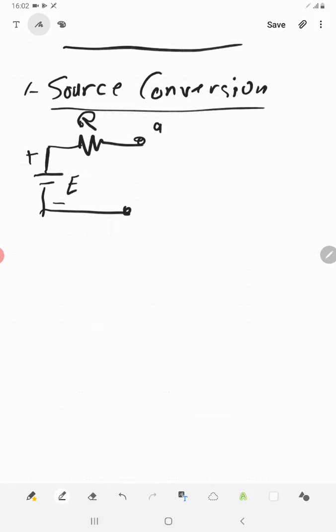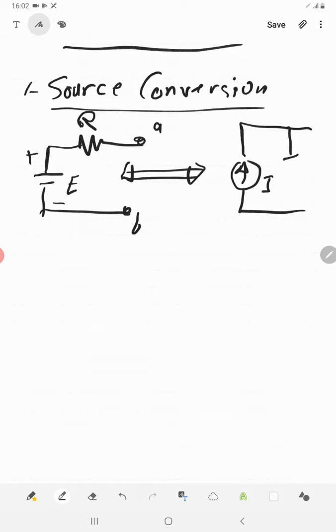connected between nodes A and B, we can transform this to a current source I in parallel with the same resistance. The same nodes here, we have A and B, and we have the same resistance R. So what is the relationship between these?